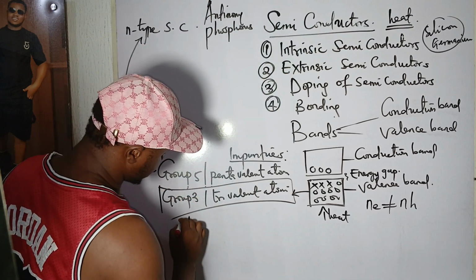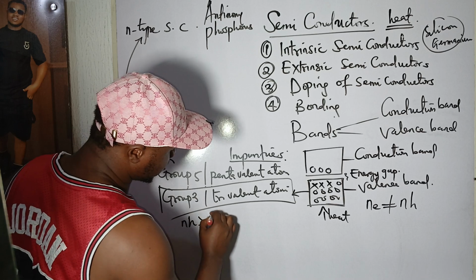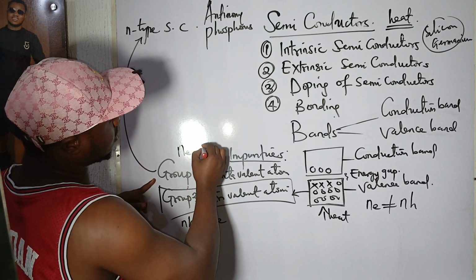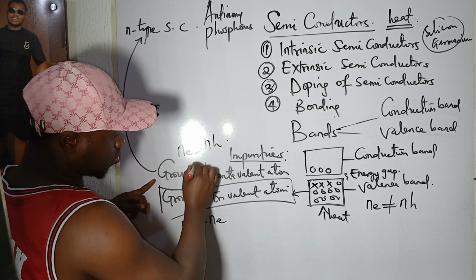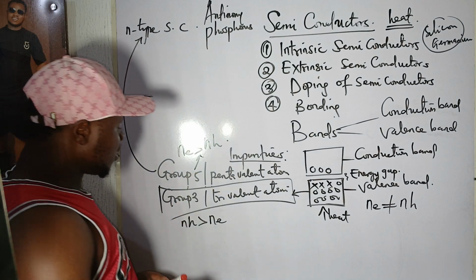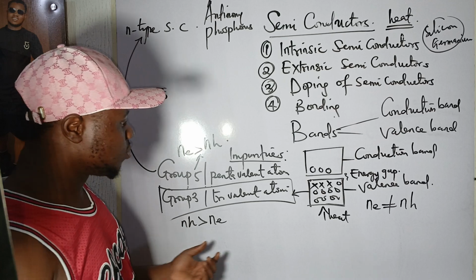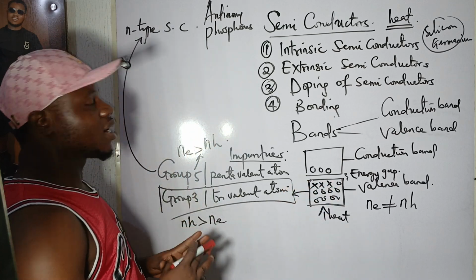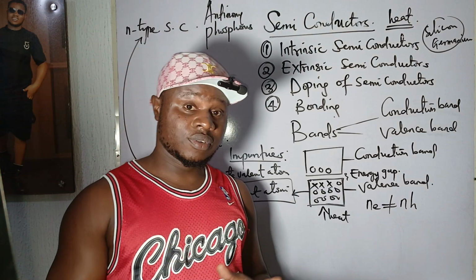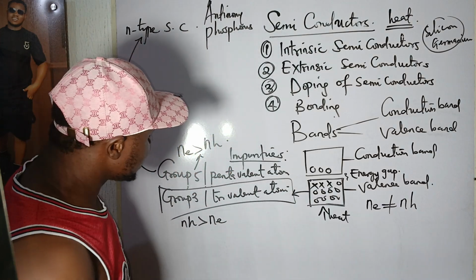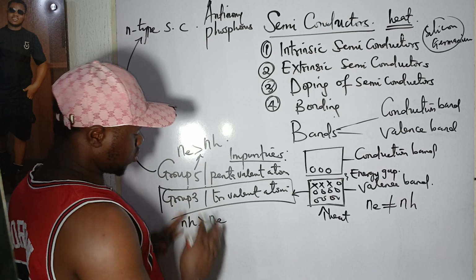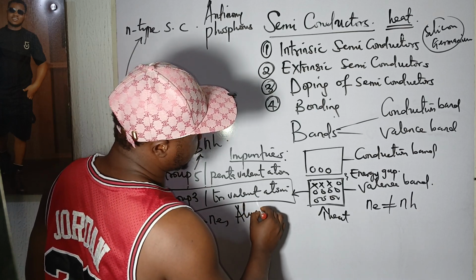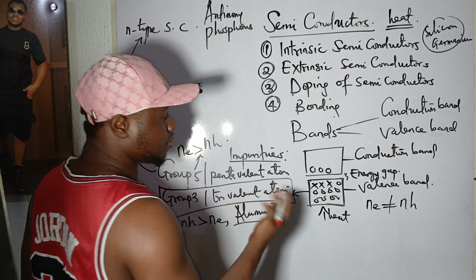So holes are going to be greater than the electrons, while for the group 5 case the number of electrons is greater than the number of holes. So holes are in excess when you dope a semiconductor with group 3, and holes are considered to be majority carriers. Elements that we can find in group 3 are aluminium and the rest of them.